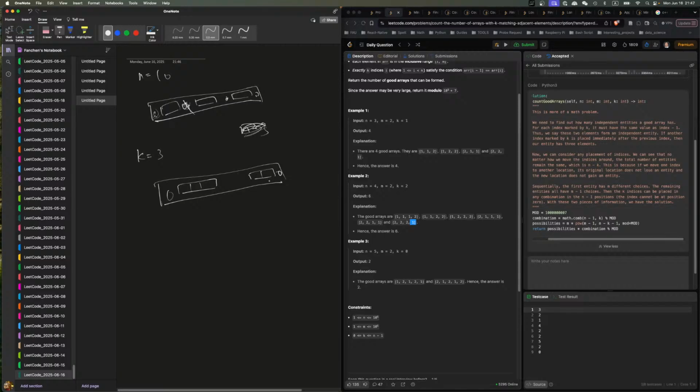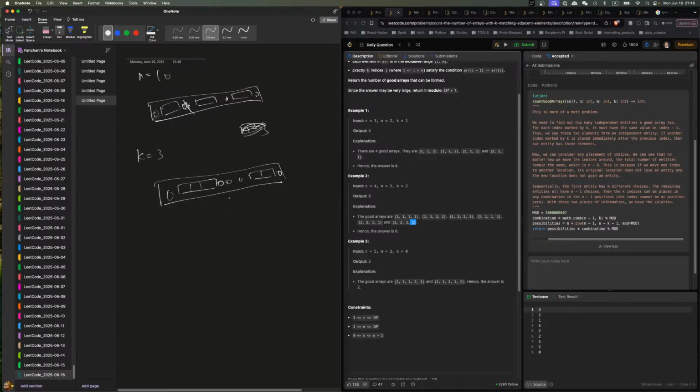We got this and this. So 1, 2, 3, 4, 5, 6, 7, 8, 9, 10. Right, we still have 3. We have 1, 2, and 3. So the total entity is 1, 2, 3, 4, 5, 6, 7.